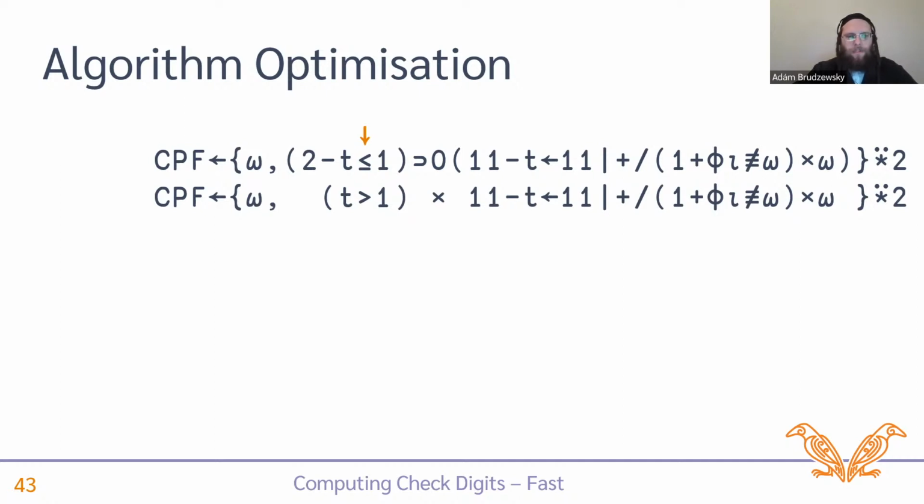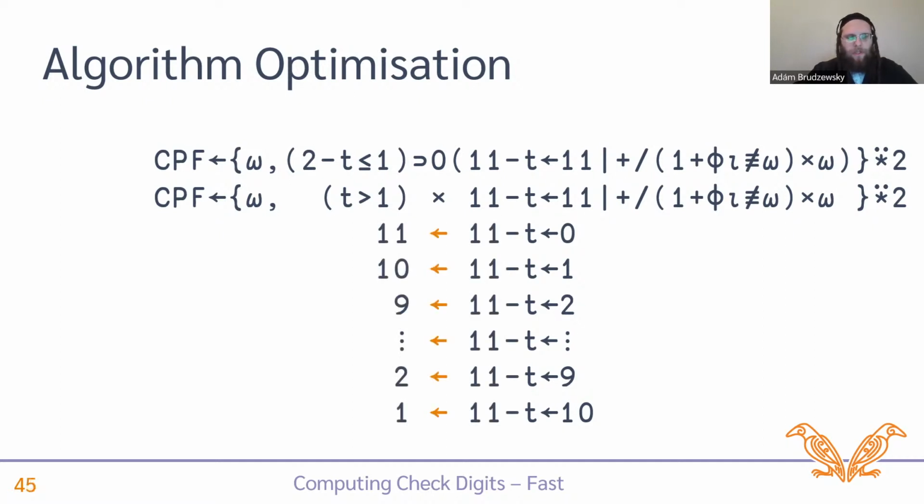Next up is this whole business about the 11s. Well, let's think about what all the cases are here. So we have the numbers from 0 to 10, because after we have done the 11 residue, any multiples of 11 have been removed and we only have the remainder. So when we subtract this from 11, we get all the different cases we can get out, meaning integers from 11 down to 1.